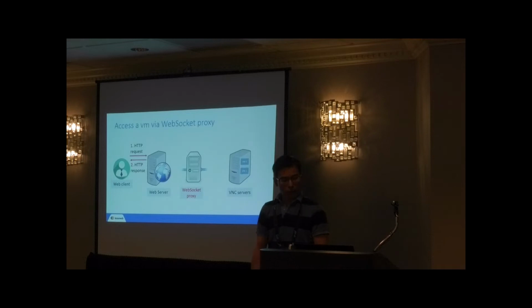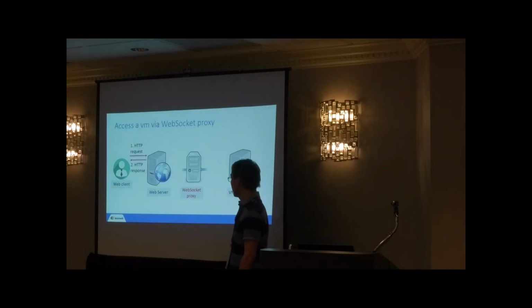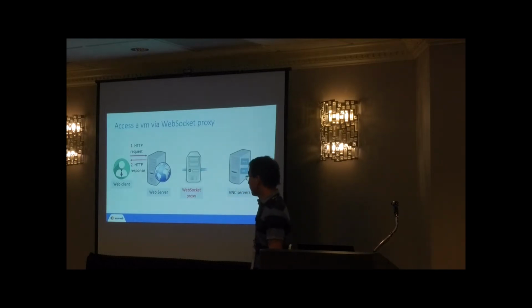So, how to access the server with WebSocket? We need a WebSocket proxy here, and at the beginning, it's the same. The browser will send an HTTP request to a web server, and the web server will send some response to our browser. Next, our browser will create a WebSocket connection to the WebSocket proxy.